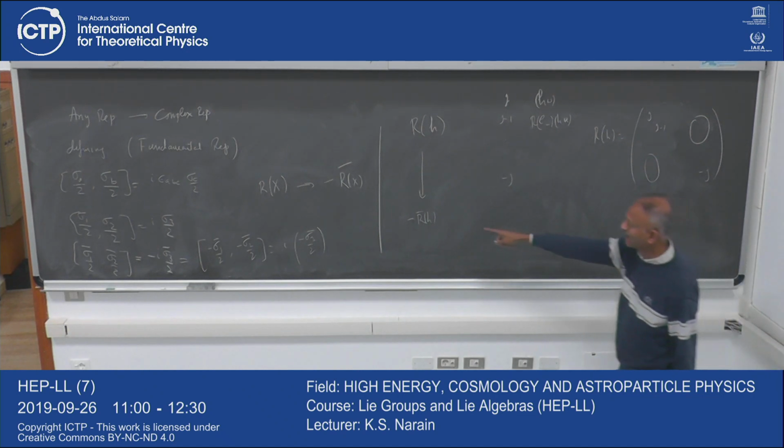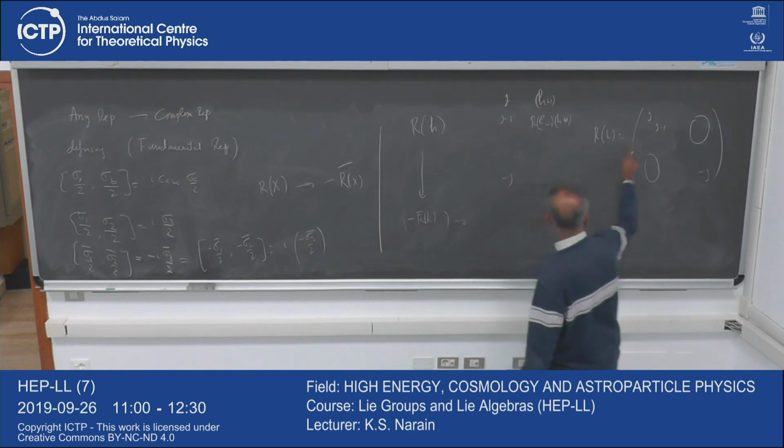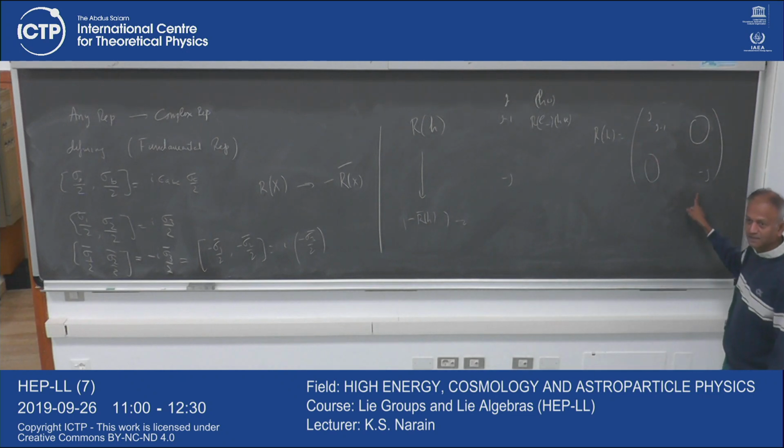So complex conjugation doesn't do anything, but you get a minus sign. So this minus R bar H is the same as that, except the signs get flipped.